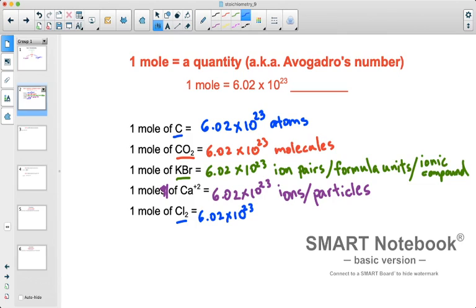So for this one, we would write 6.02 times 10 to the 23 molecules. All right, so be careful. When I ask for a mole in terms of quantity, the number 6.02 times 10 to the 23 will always be the same exact number over and over and over again. But the units are very specific.